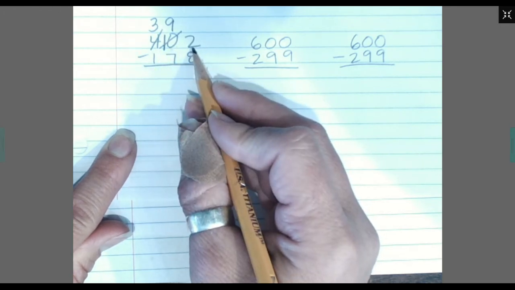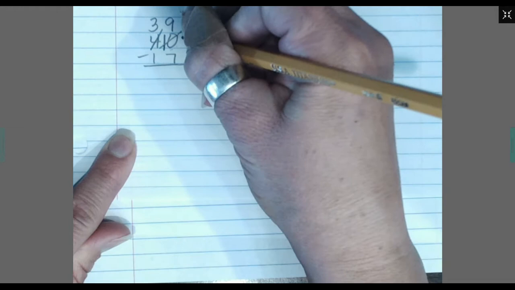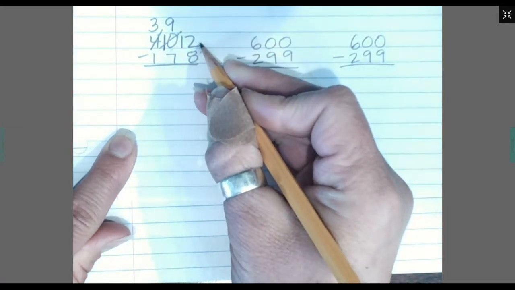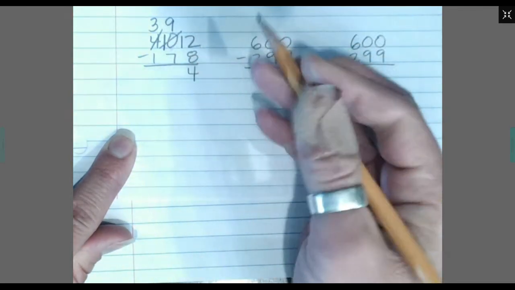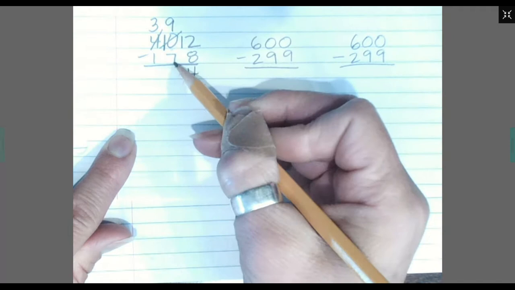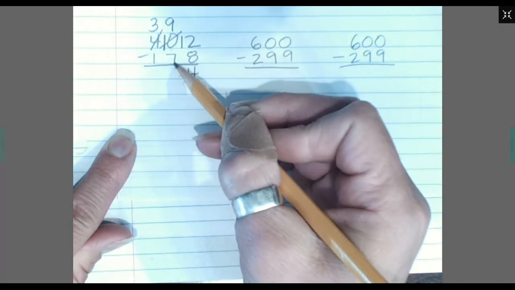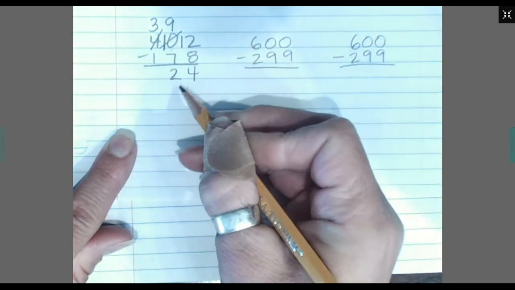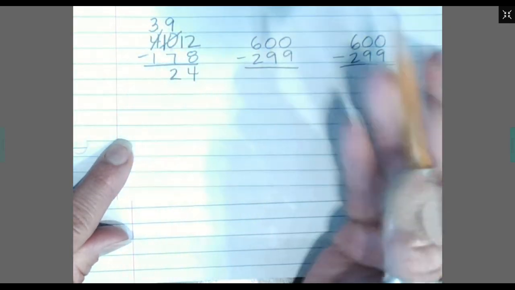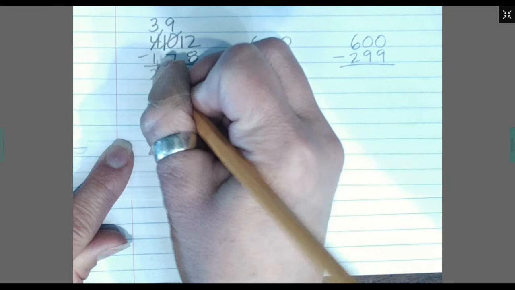With my existing 2 ones, therefore I have the value of 12 ones now. 12 ones minus 8 ones is 4 ones. 9 tens minus 7 tens is 2 tens. 3 hundreds minus 1 hundred is 2 hundreds.